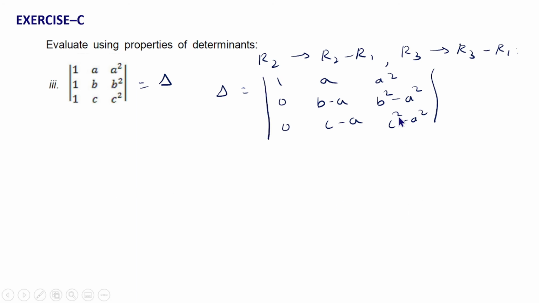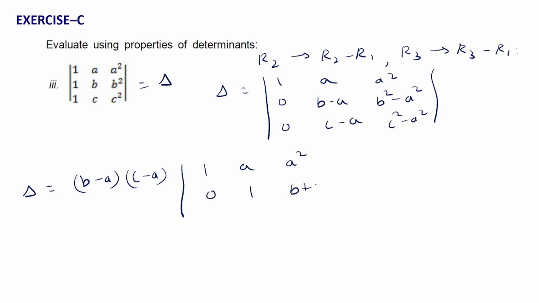So here we can see that b minus a is common in the second row and c minus a is common in the third row. So that can be taken outside. So delta is equal to (b minus a) into (c minus a) into determinant of 1, a, a square; 0, 1, b plus a; 0, 1, c plus a. Now we can expand along C1.